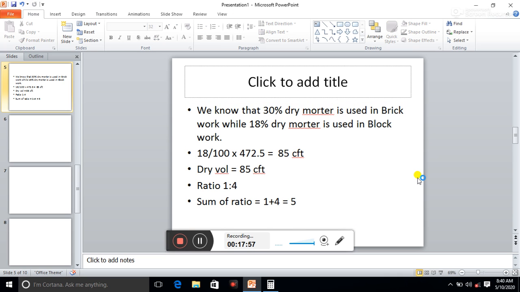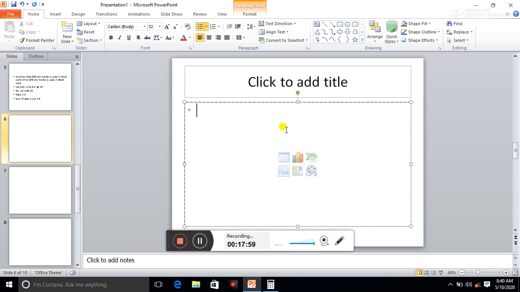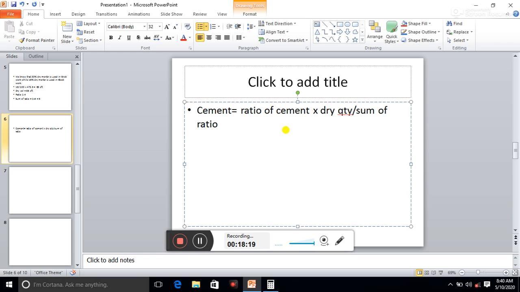Now we have the previous formula for cement: cement is equal to ratio of cement multiplied by dry quantity divided by sum of ratio.